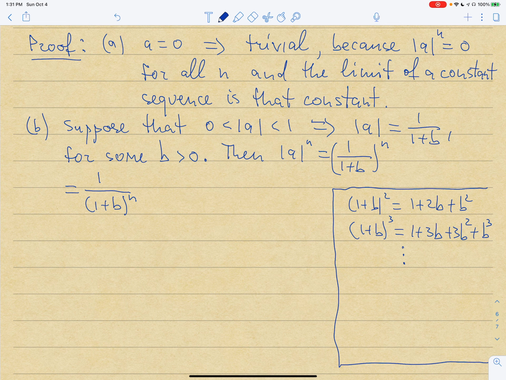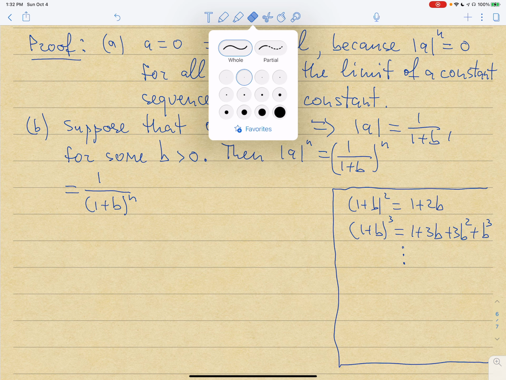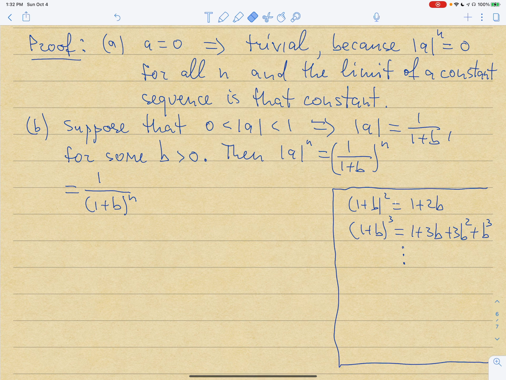So if I remove b^2 from here, then (1 + b)^2 is greater than 1 + 2b because I removed something positive.